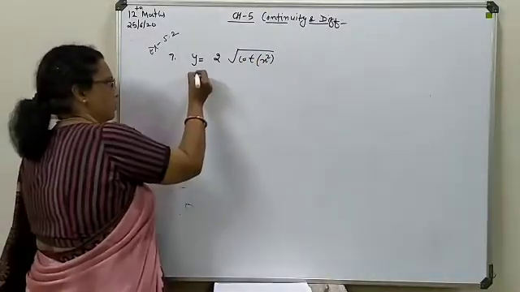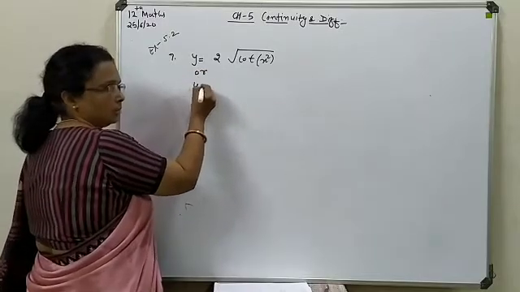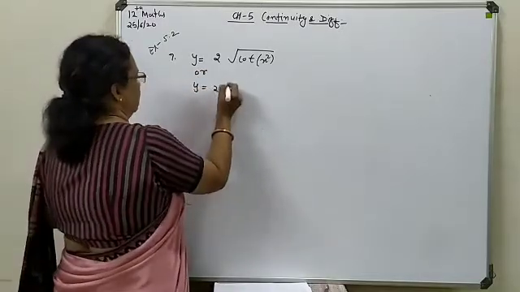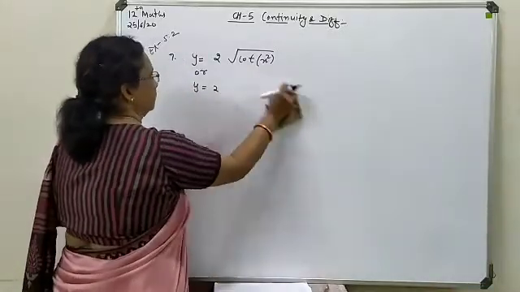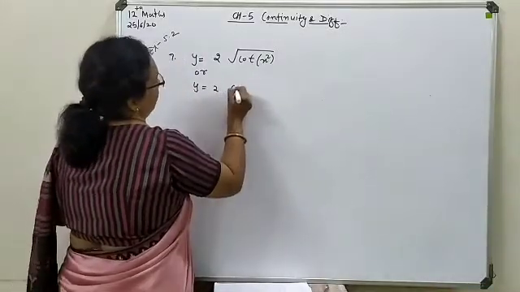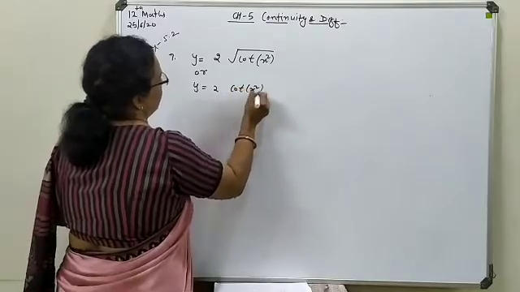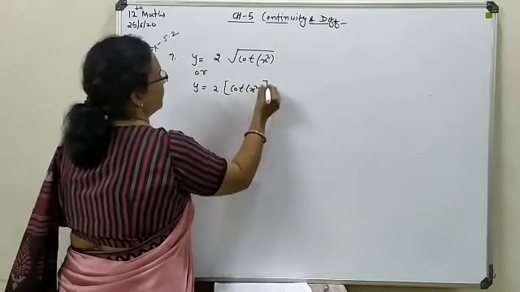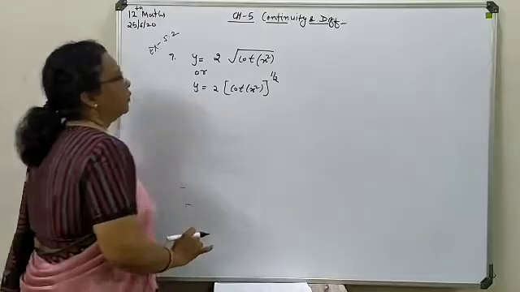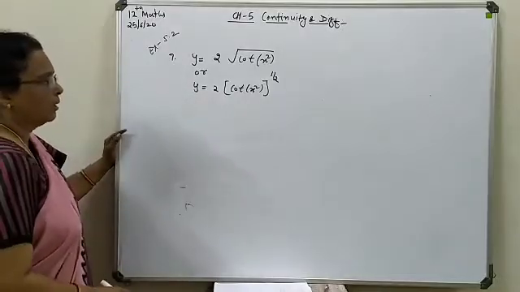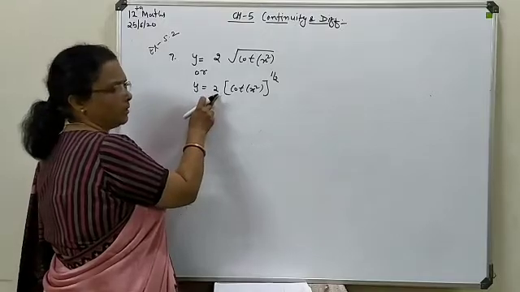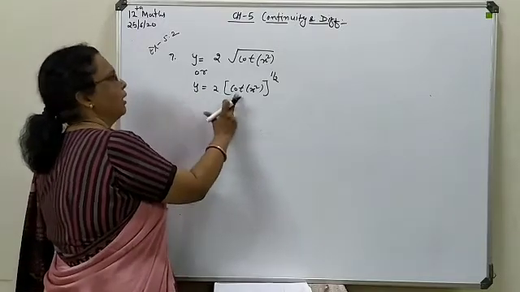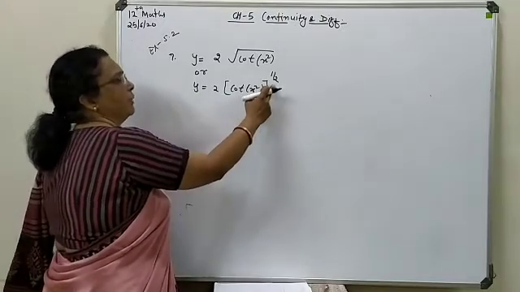Here we write this question as cot of x square with power half. So here you see this 2 is a constant, so there is no interference of this 2. Cot x square with power half.